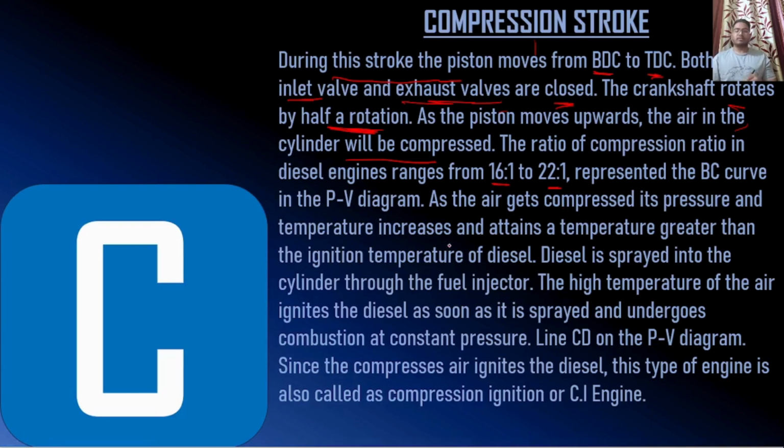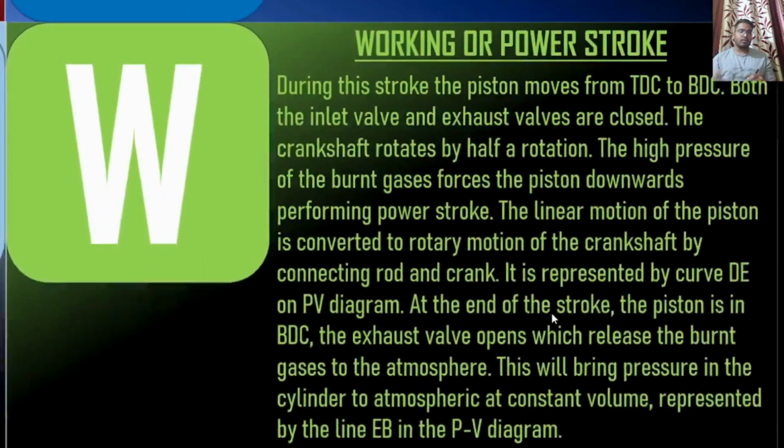This is represented by the curve on the PV diagram. As the air gets compressed, its pressure and temperature increase and attain a temperature greater than the ignition temperature of diesel. Diesel is sprayed into the cylinder through the fuel injector.